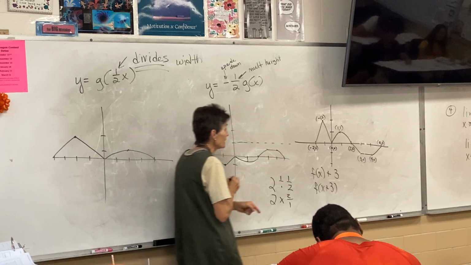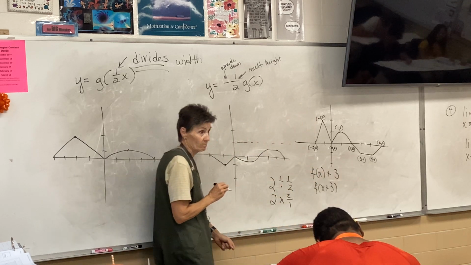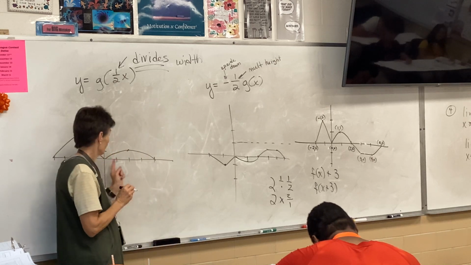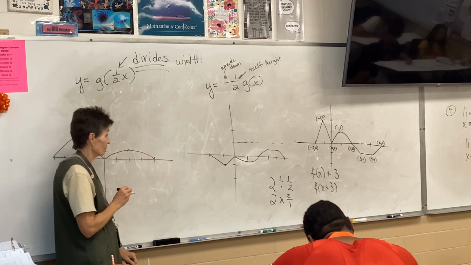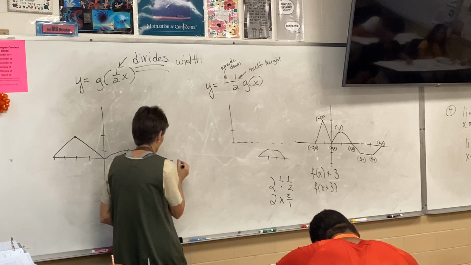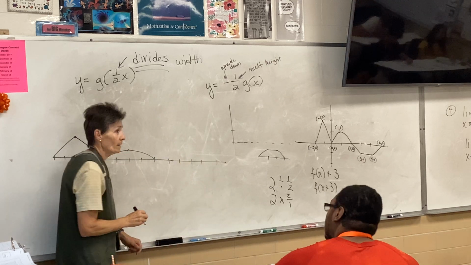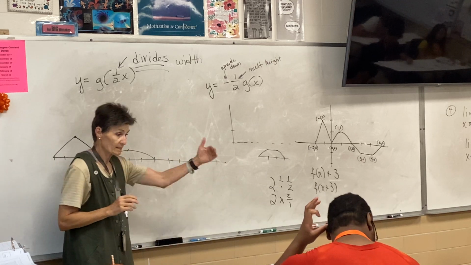So originally I was at 2, 0. Now I'm at 4, 0. If you run out of room on your grid, just extend it.